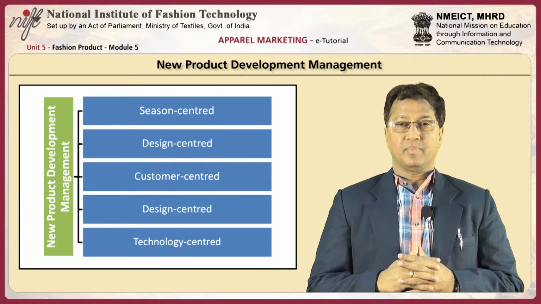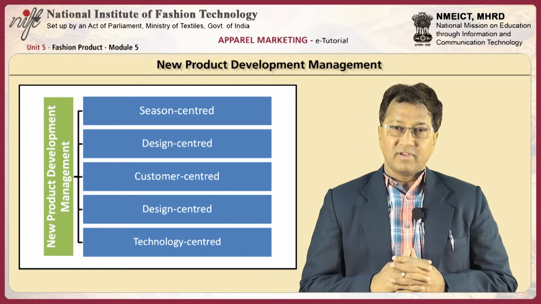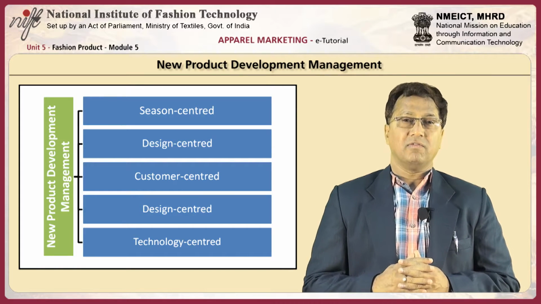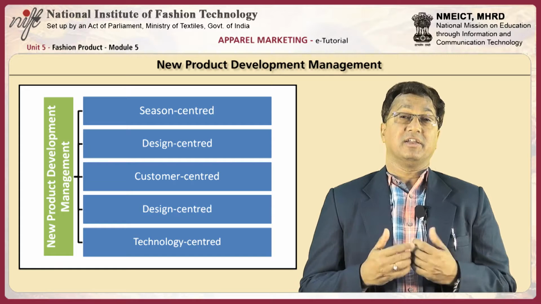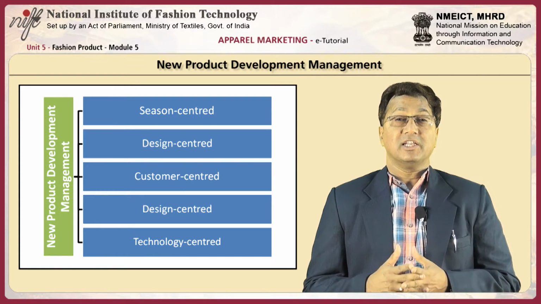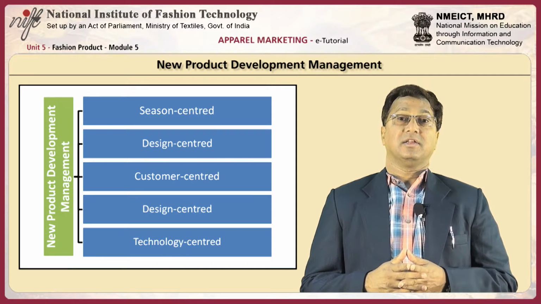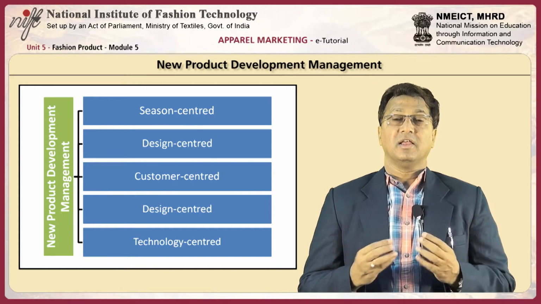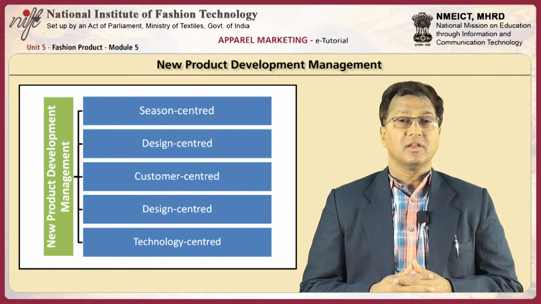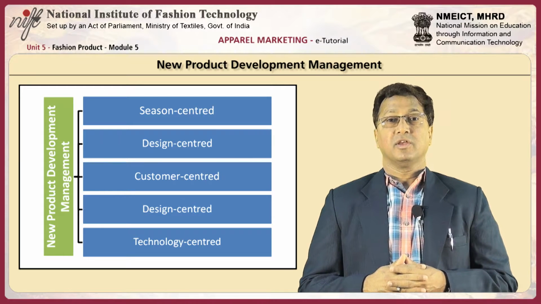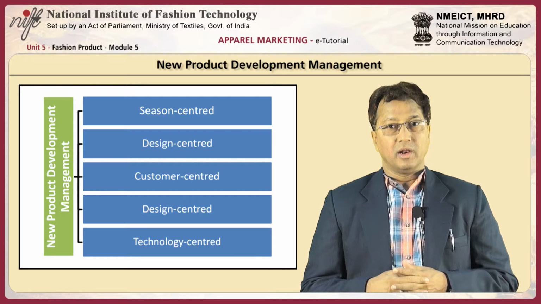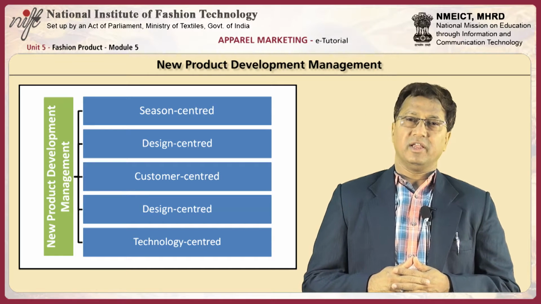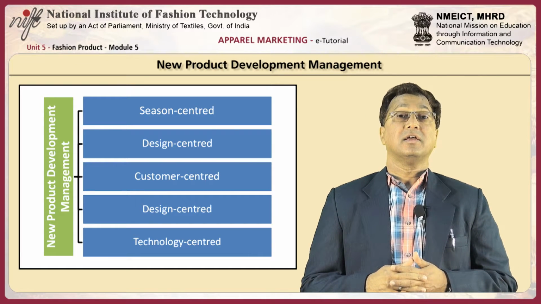For example, the products for winter normally in Europe kind of situations will have wool, synthetic fabrics with styles which are body hugging styles, dark colors which can absorb the very little sunshine that is available, whereas during summer we require predominantly cotton fabrics, loose fitting styles, light colors, etc.